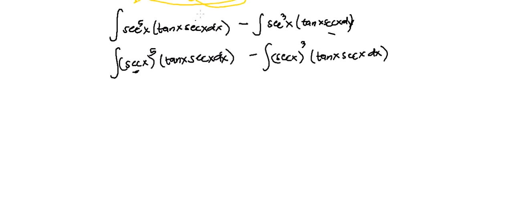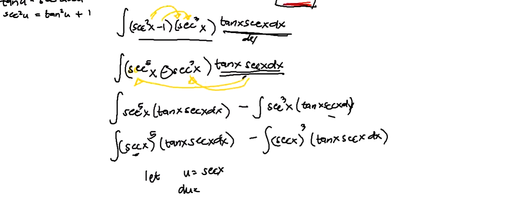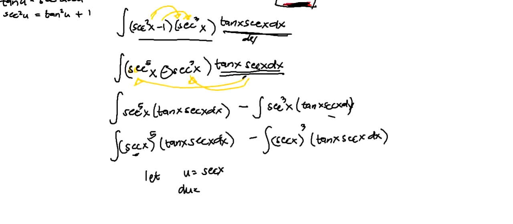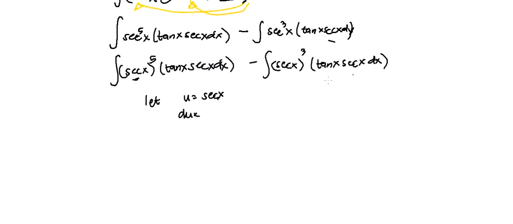Since if we let the variable u be secant x, then the derivative of the secant is tangent x secant x dx, right?